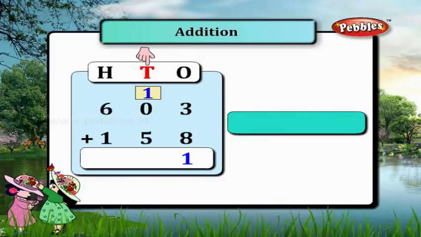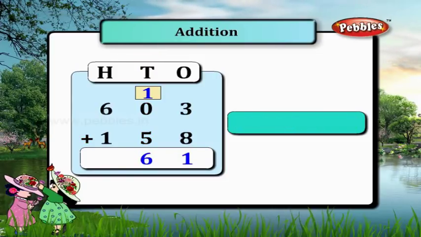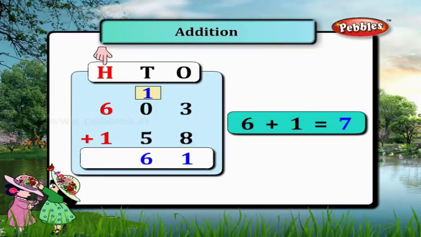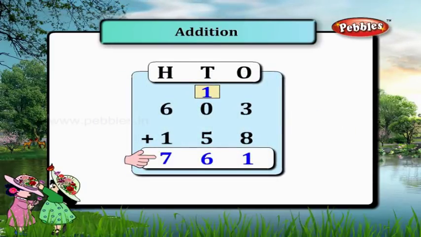Add the tens. 1 plus 0 plus 5. That is equal to 6. Add the hundreds. 6 plus 1 equal to 7. The total is 761.